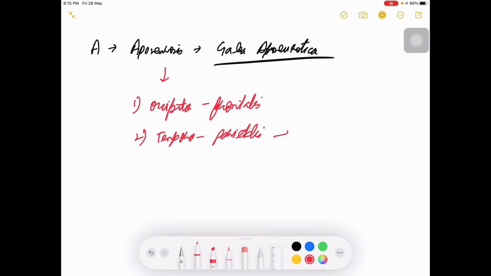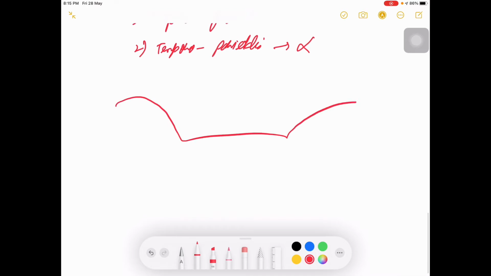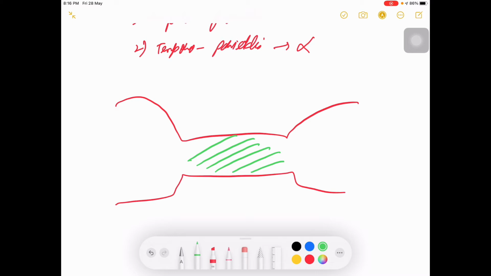About temporoparietalis, you don't need to know the details for the entrance exams, but for occipitofrontalis, obviously you need to know. So this is its aponeurotic part, in the middle. Let's take this as your anterior, this as your posterior.